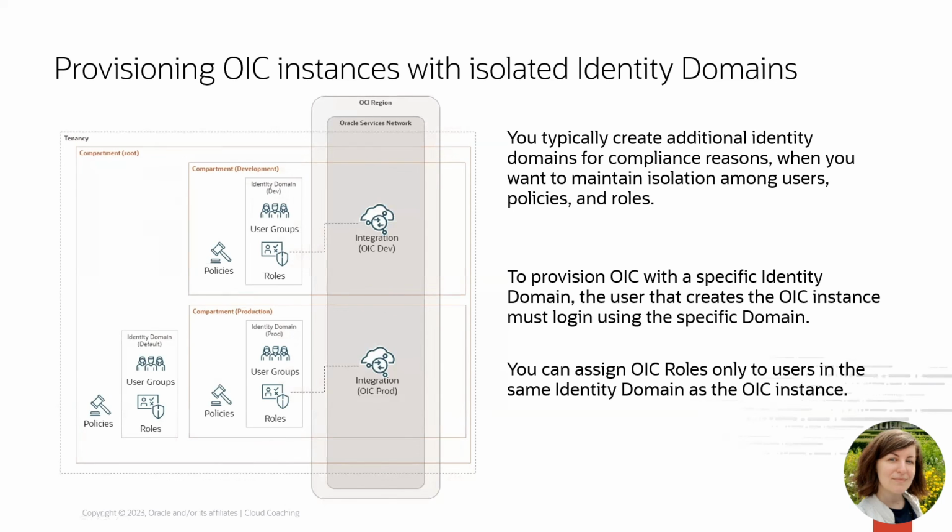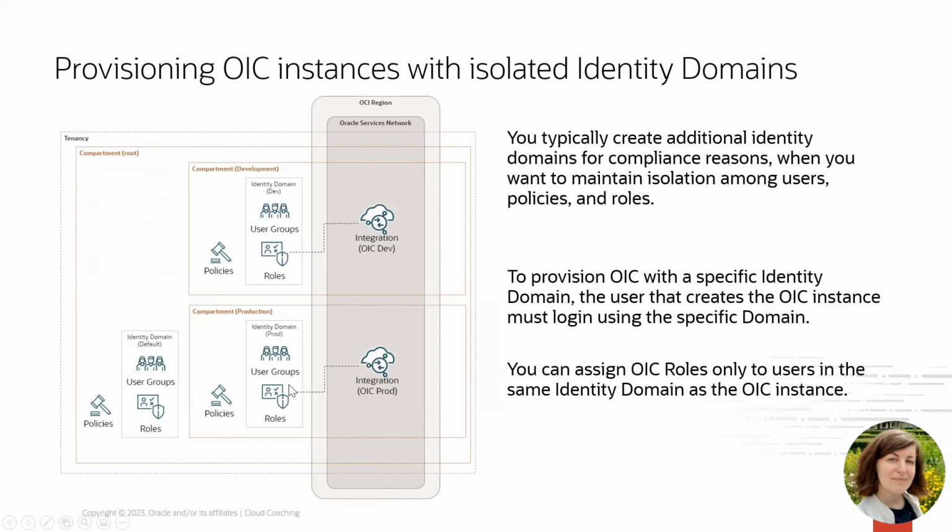To provision OIC with a specific identity domain, the user that provisions OIC must log in using that specific domain. So you could have an identity domain for development, and then an administrator in that development domain can log in and provision OIC development, and similar for production.